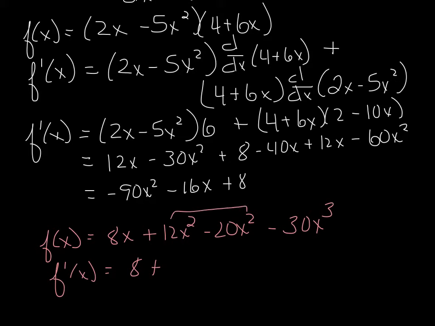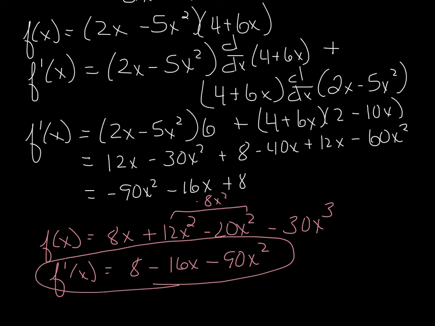This combines to negative 8x squared? So we would have minus 16x minus 90x squared. Notice these are the same. And if you're given an option and you choose to FOIL it, sometimes that's quicker, but that's not always going to be the quickest case.